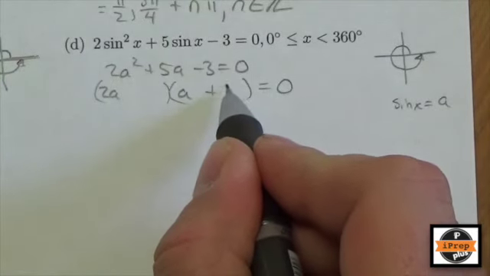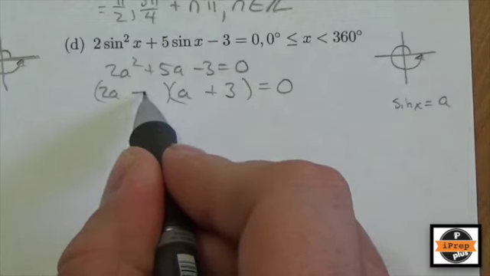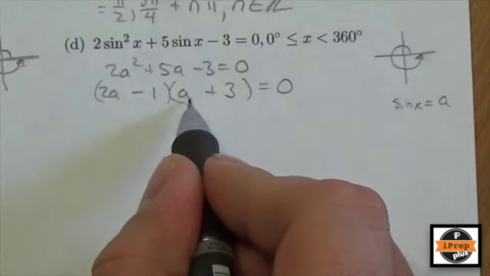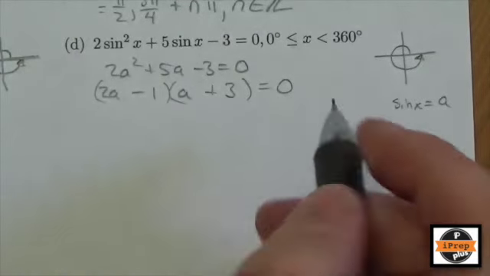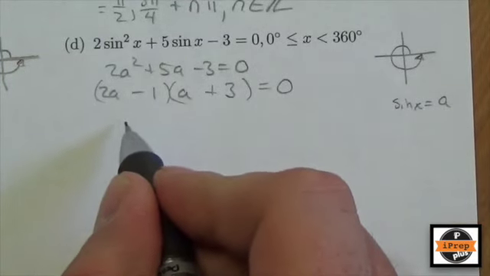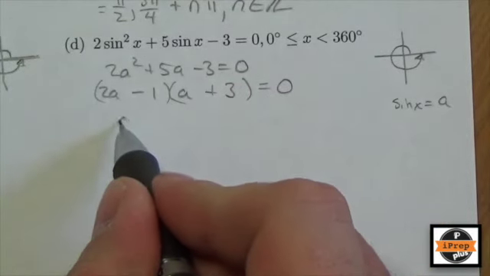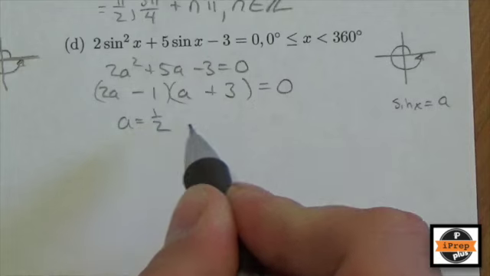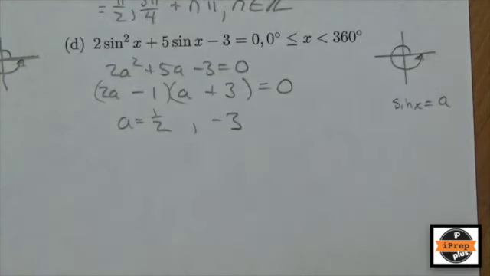So I'm thinking this has got to be 3 here. And so that'll give me 6, and then I'll subtract 1a from that to get 5. And then negative 1 times 3 is negative 3. And so taking those individually, in order for the product to be equal to 0, a has either got to be equal to 1/2 or a is equal to negative 3.